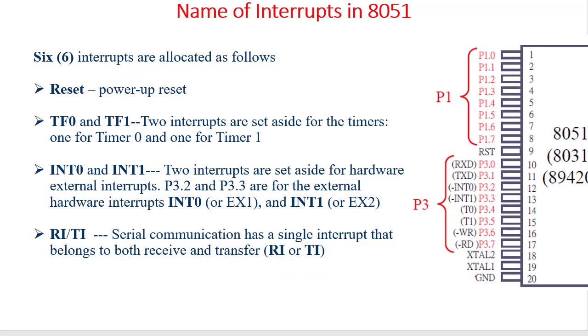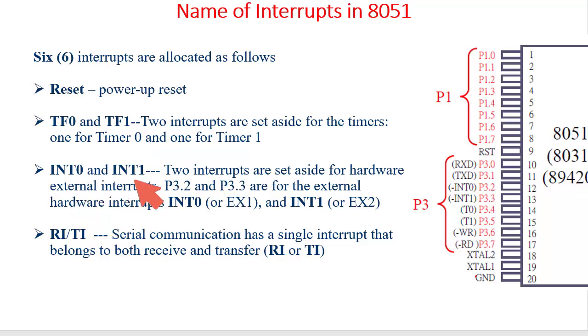Now what are the different interrupts? In 8051, there are 6 interrupts. Reset. The reset can be done in two ways. One is power on reset, another one is by external reset circuitry. Next, TF0 and TF1. These two interrupts are related with the timer. INT0, INT1.